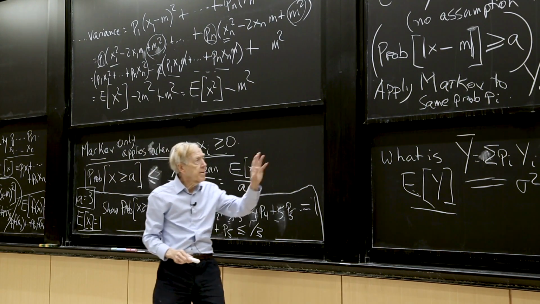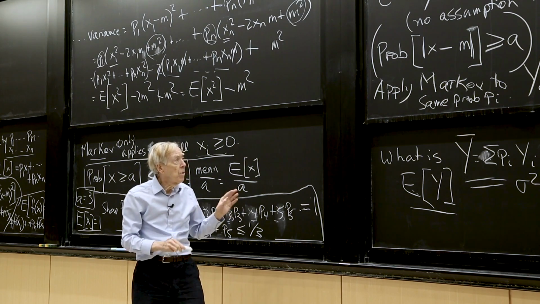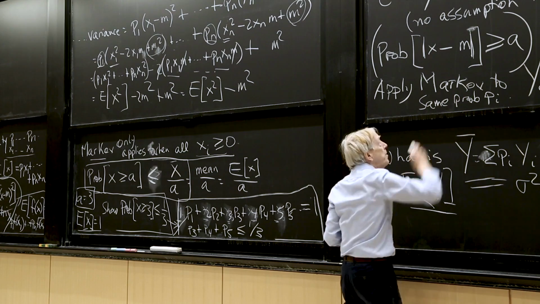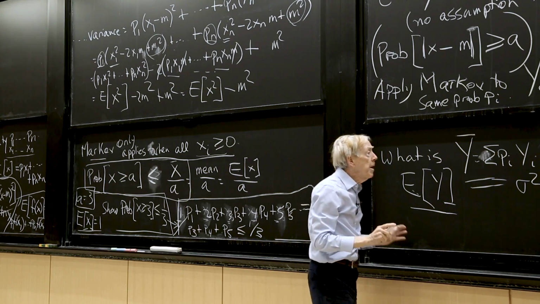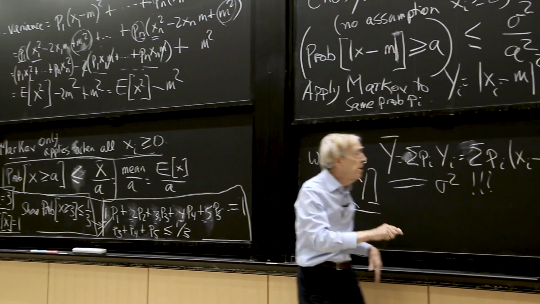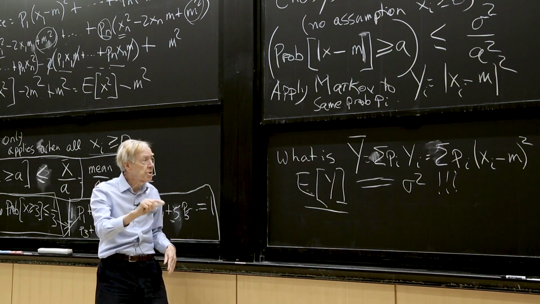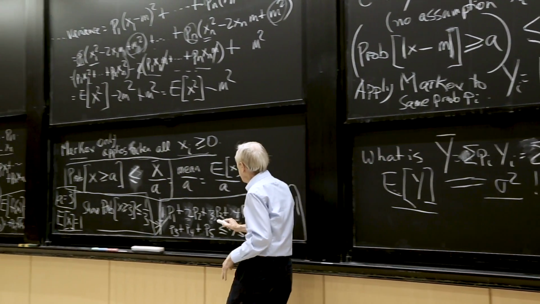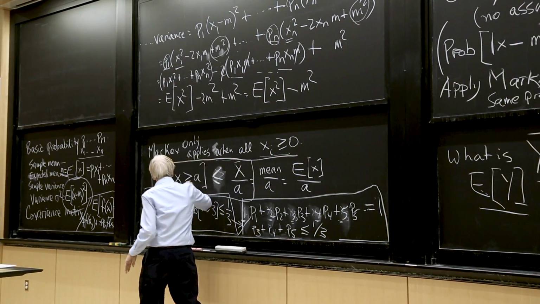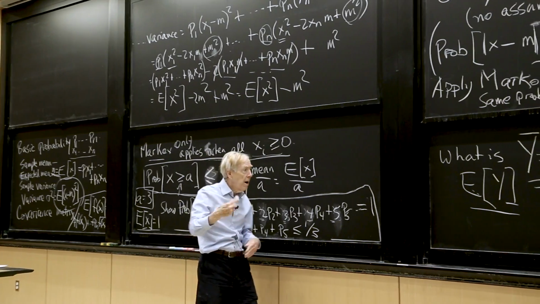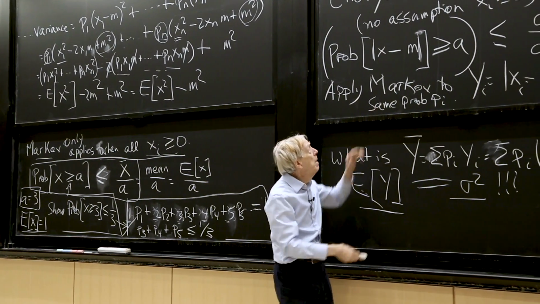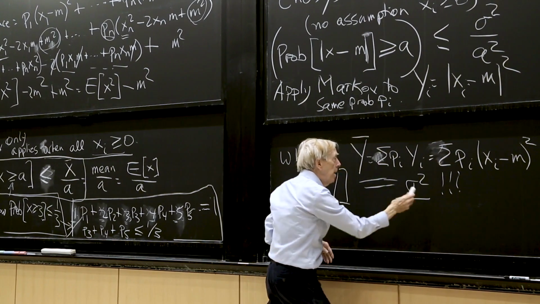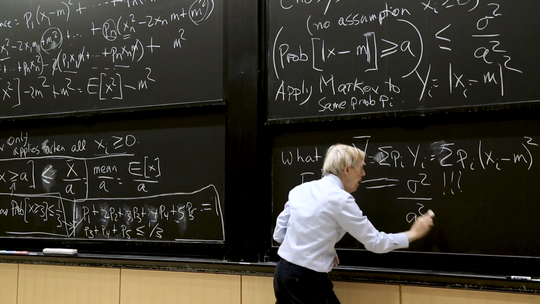But now I'm looking at the y's. If the absolute value of x minus m is greater than or equal to a, then xi minus m squared is greater or equal to a squared. So my a for x turns into a squared.